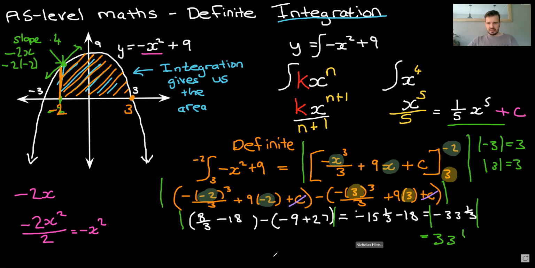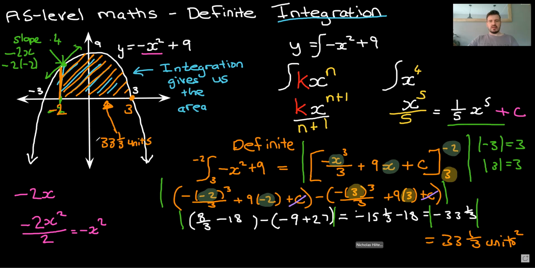Okay, so let me go back. Absolute value 33 1/3. I'll go back and put it in orange. So the area is 33 1/3 units squared. And so my definite integral between -2 and 3, this area here that I've marked out, is 33 1/3 units squared.